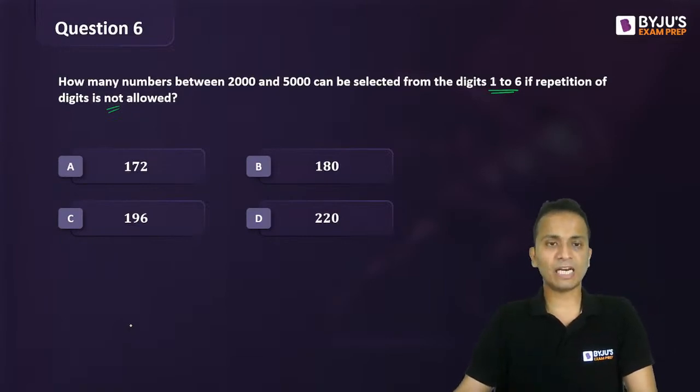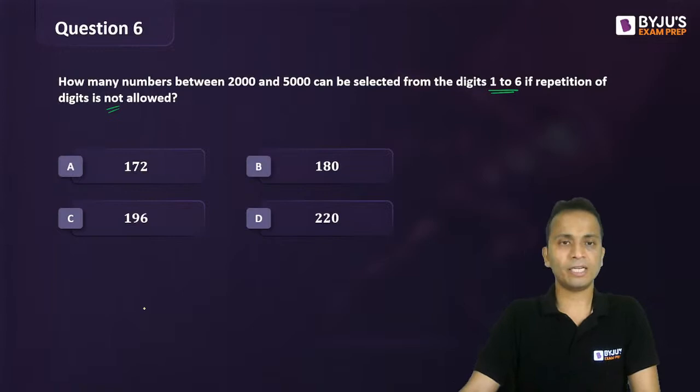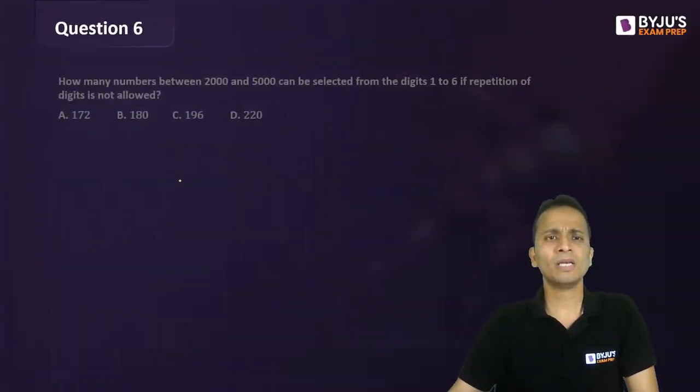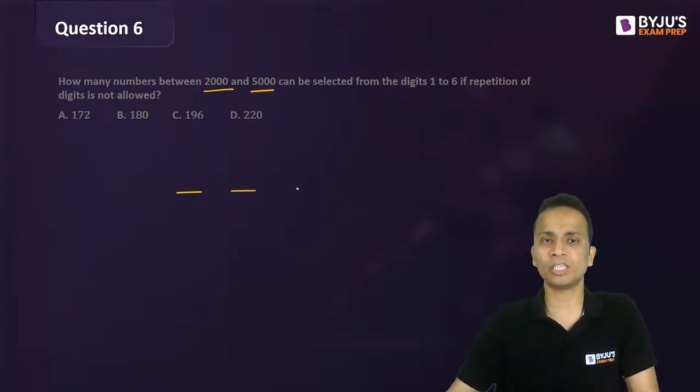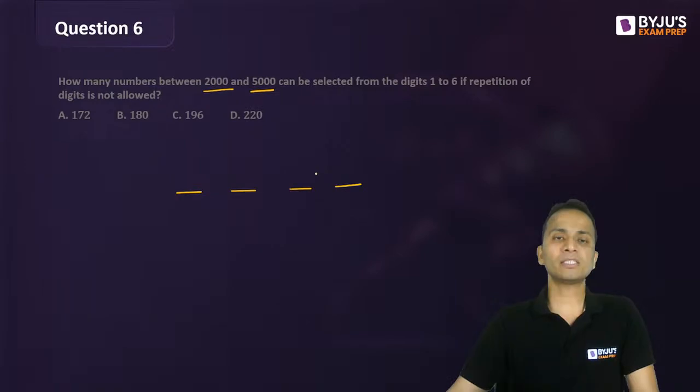All right. So people have started getting the answer. Nice. So easy question hai. Now we have to make definitely a 4-digit number. The number between 2000 and 5000 has to be a 4-digit number. Now since the number has to be above 2000, that means this place can be 2, it can be 3, it can be 4.